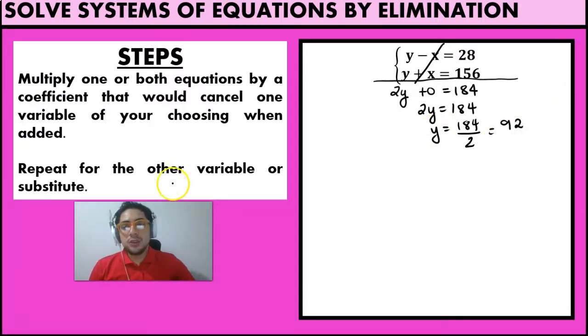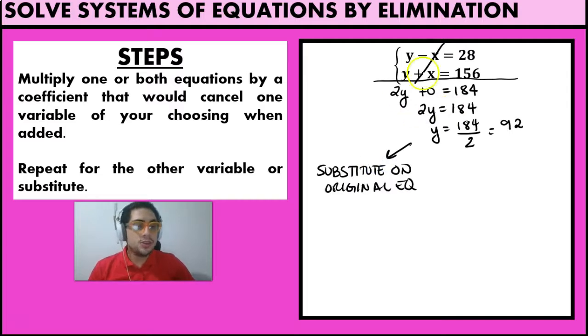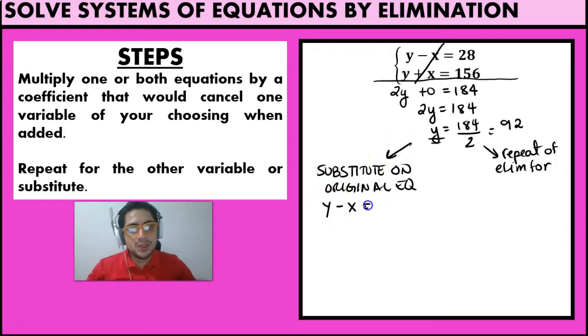Now, in order to find the other variable, you can either substitute into one of the original equations, so you can choose any of the two equations and substitute the value you got for y, or you can repeat the same process of elimination in order to eliminate the other variable. So let's try the substitution on the original equation. We have y minus x, the first one, is equal to 28.